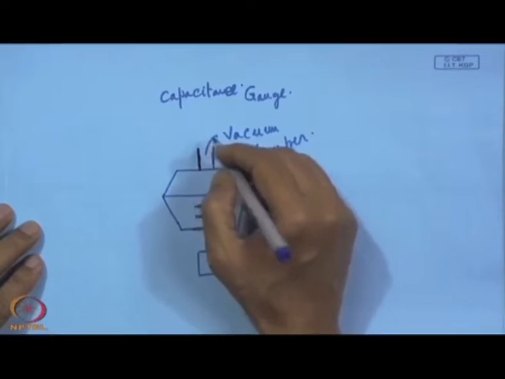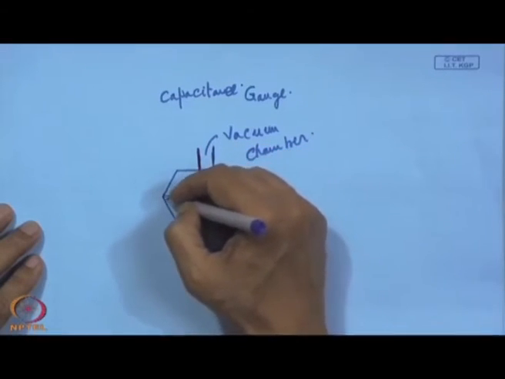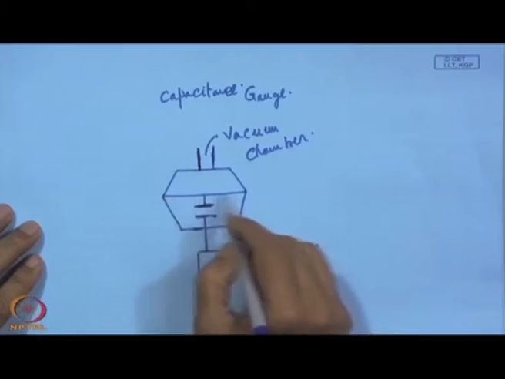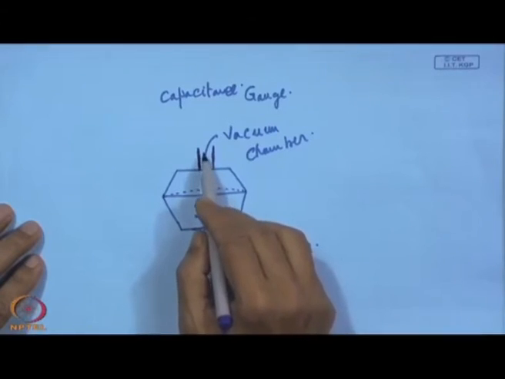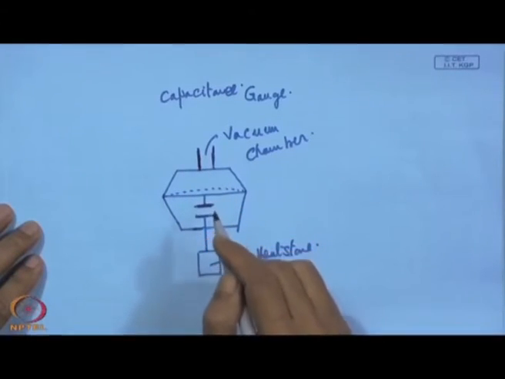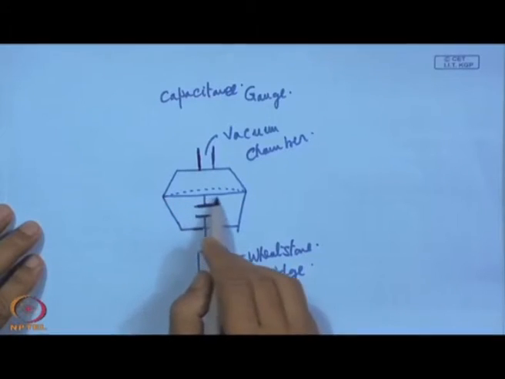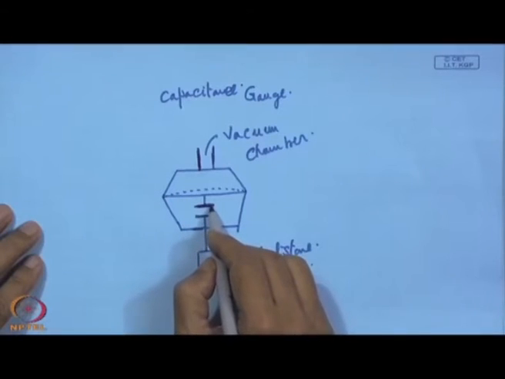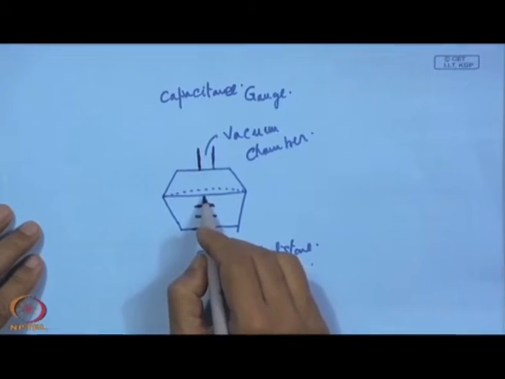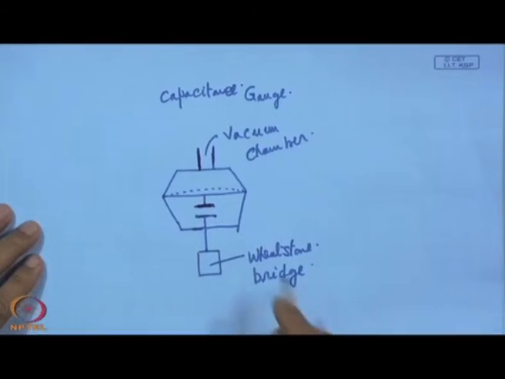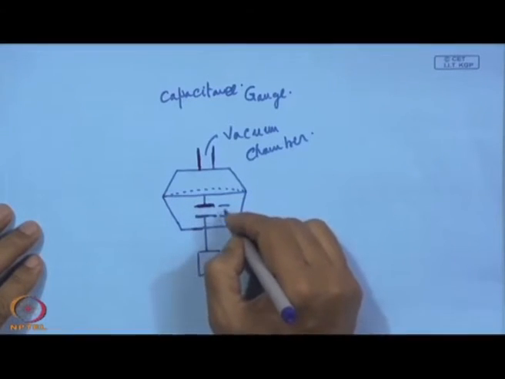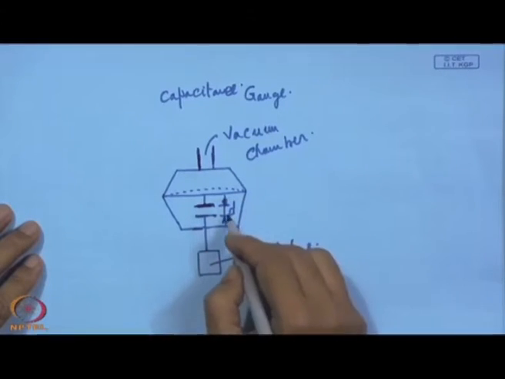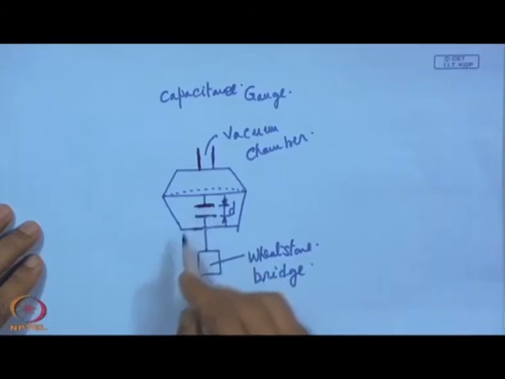So, what happens during evacuation: this diaphragm will change its shape or position when it is evacuated. Depending upon the rise or the fall of pressure, this diaphragm will change its position, and since the upper plate of the capacitor is rigidly connected with this diaphragm, naturally the gap between the plates will keep on changing, and that will change the capacitance of this capacitor.